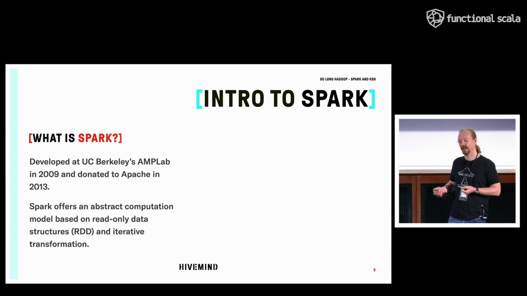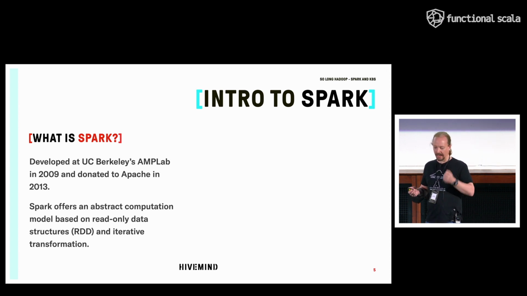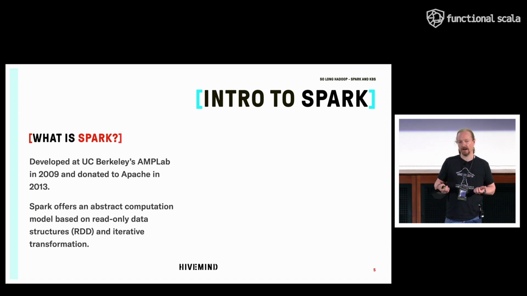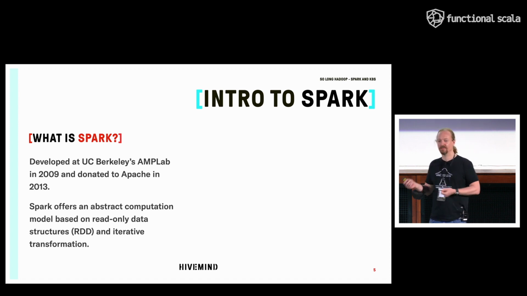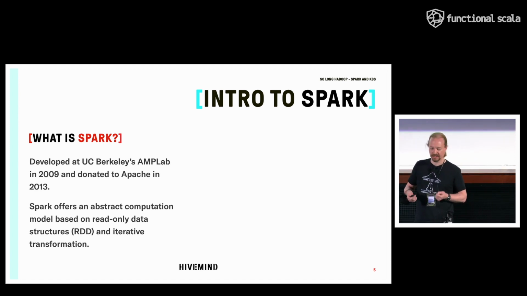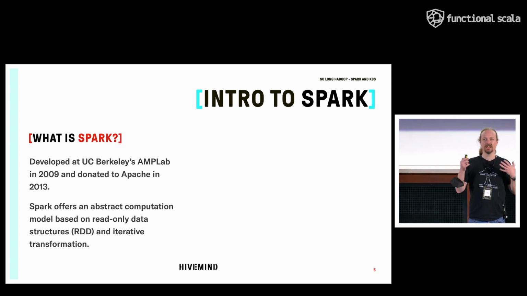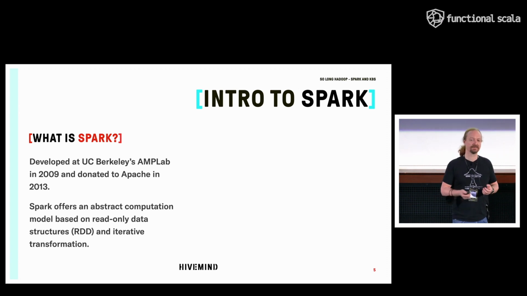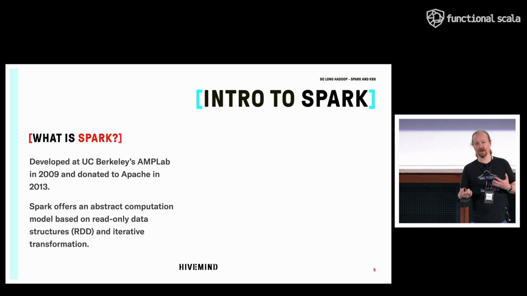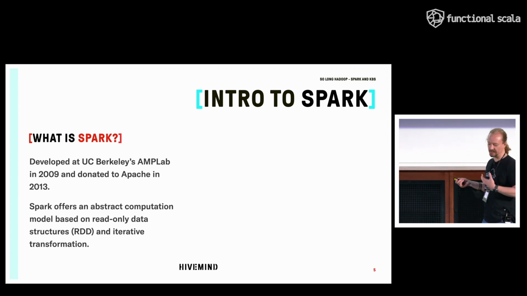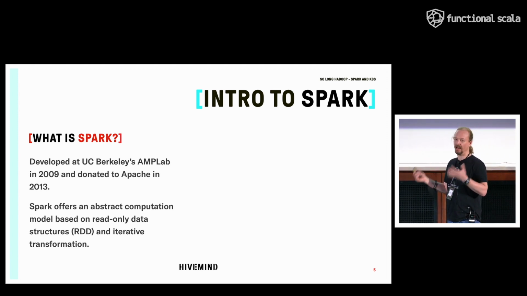It was developed at the University of Berkeley, and then eventually it became a top-level Apache project. And basically there they said, let's get away from this computational model of MapReduce and try to basically say, okay, this is a topography of a stream of data that we compute, and we use that with a data structure called Resilient Distributed Dataset, which was read-only.